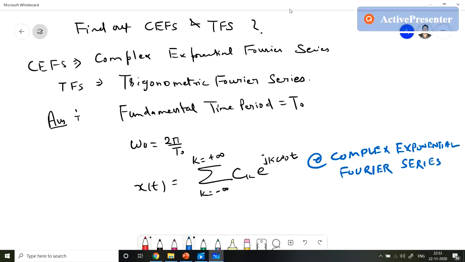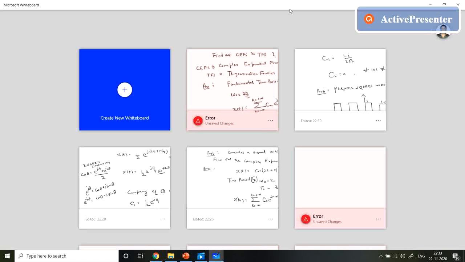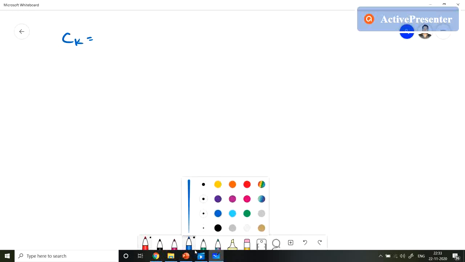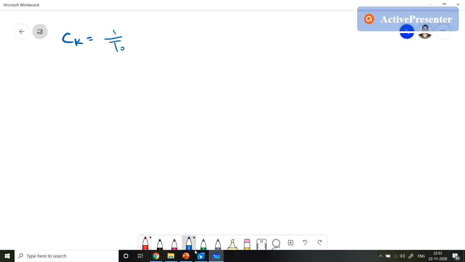So let us find out ck. Ck is equal to 1 divided by T naught integral from 0 to T naught of x(t) e raised to the power minus jk omega naught t dt.